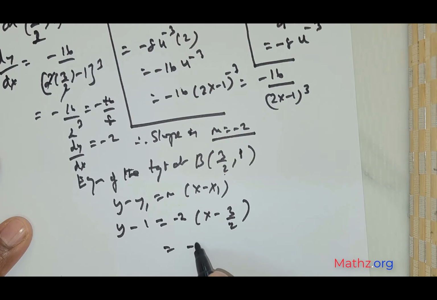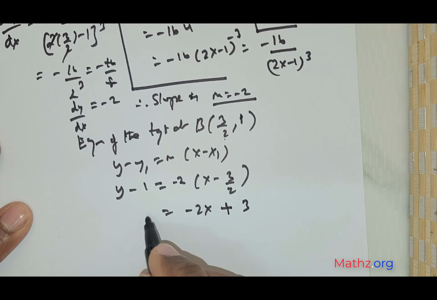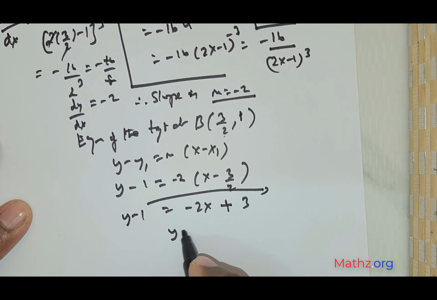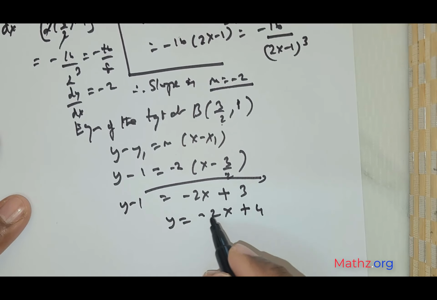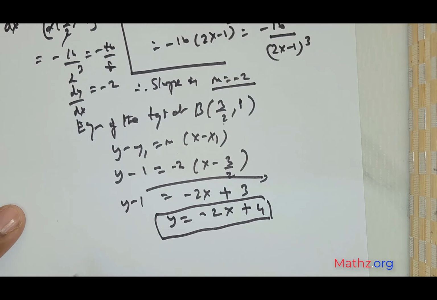You distribute negative 2, you get negative 2 times x, positive 2 times 3/2, that will give you 3. You have y - 1, so you push this negative 1 to the other side, you get y is equal to negative 2x + 4. So this is the equation of the tangent.